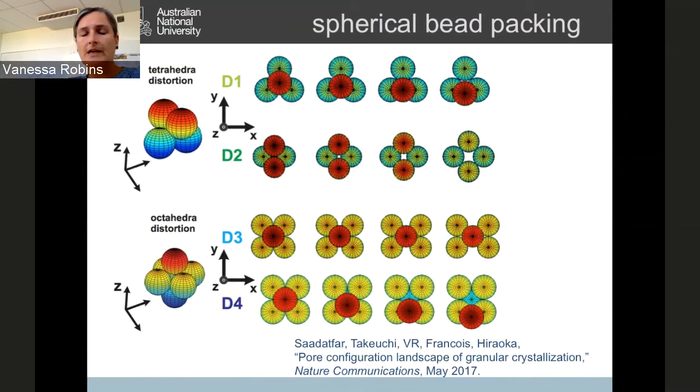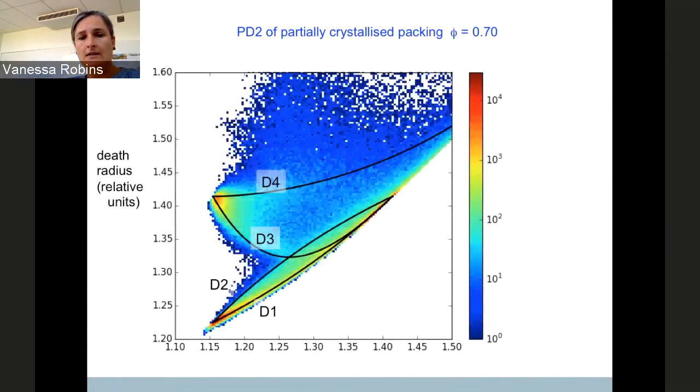And from these models, we can derive analytically the persistence diagram signatures, and we see that they line up very nicely with the dominant features in the persistence diagrams. Okay, so this is in our partially crystallized packing.